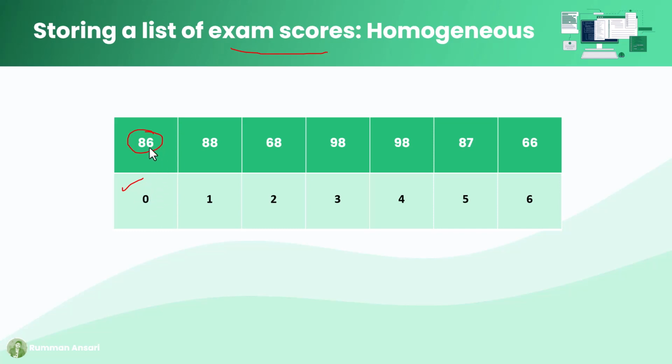For the first element the index will be 0, for the next one 1, likewise 2, 3, 4, 5, and for the last one it will be 6. This one is homogeneous. So the index starts with 0, and for the last one you can see the index is 6.